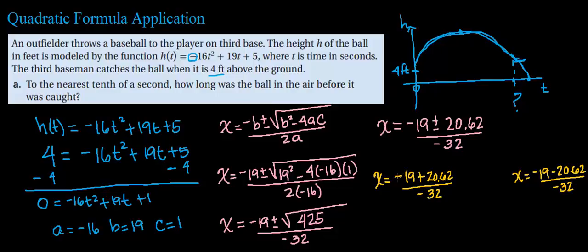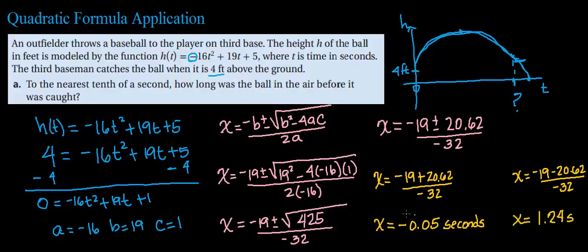With your calculator, let's calculate both of these values. We're going to add negative 19 and 20.62 and then divide by negative 32. And here we're going to do negative 19 minus 20.62 over negative 32. And these are our final results. These are your two results.